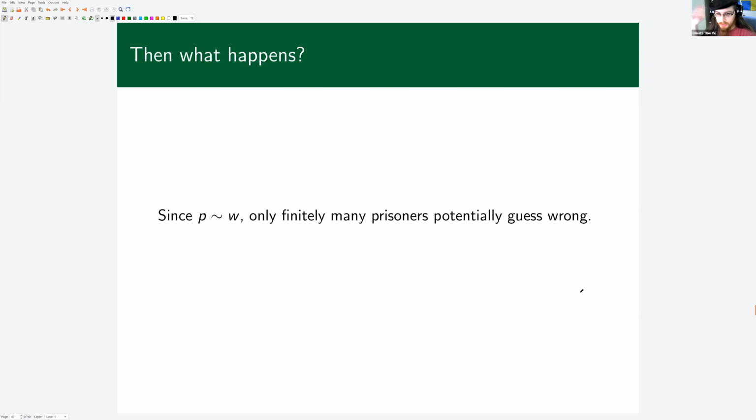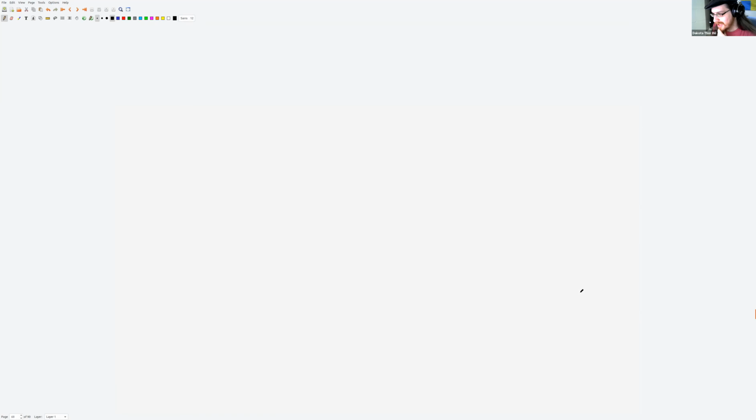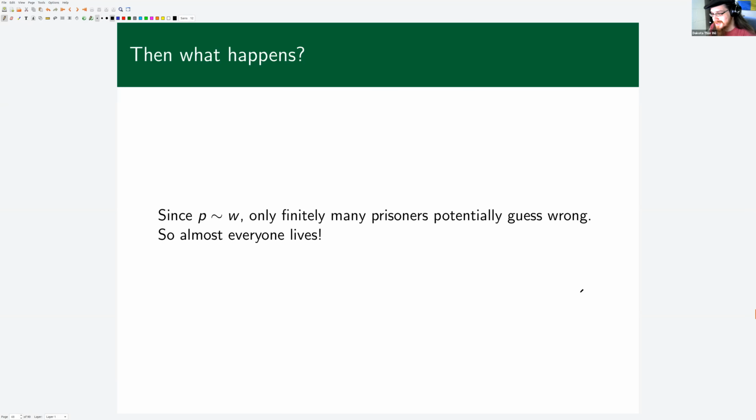It might be like 48 million prisoners, but only a finite number, while there's infinitely many prisoners. So if only finitely many are guessing wrong, that's still pretty good, right? Because even like 600 billion is way less than an infinite cardinal. So almost everyone lives, for an appropriate definition of almost everyone.